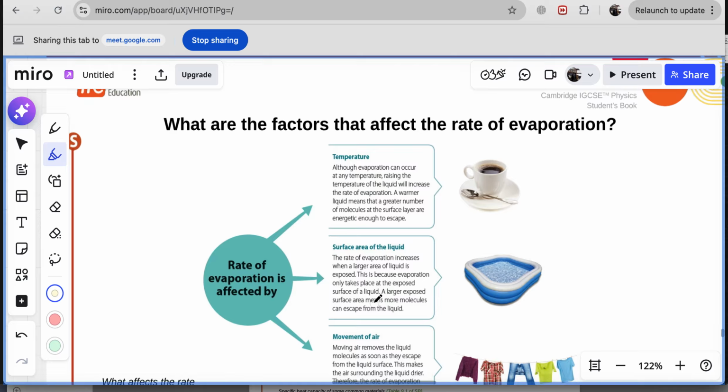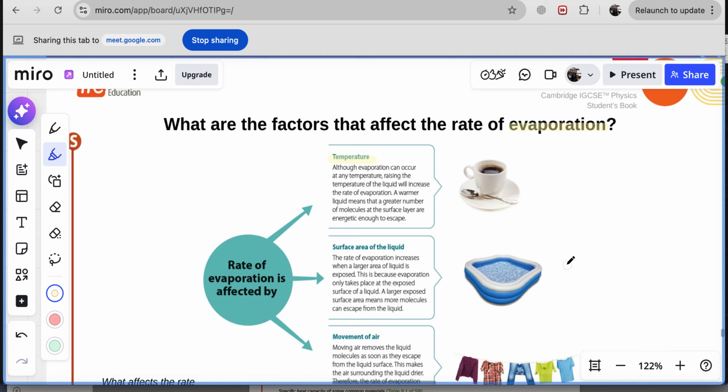As the substance gains more kinetic energy, the more energetic particles will be able to escape from the top surface. So temperature is the first factor that affects the rate of evaporation. What this question means is, what are the factors to consider if you want evaporation to happen? Number two is the surface area.